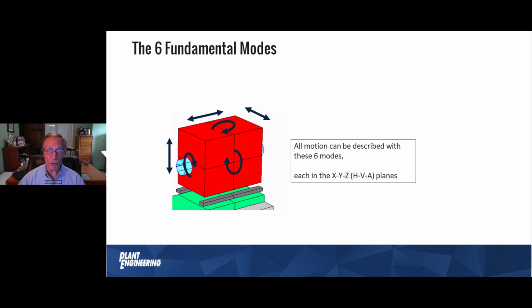And all motion can be described as a combination of those 6 fundamental modes. So if you're wondering how the software does it in the background, it breaks it down into those 6 fundamental modes, puts it in a matrix, does its computerized mathematical magic to it, and produces simulated motion.